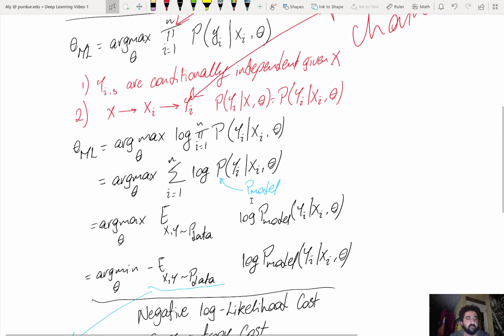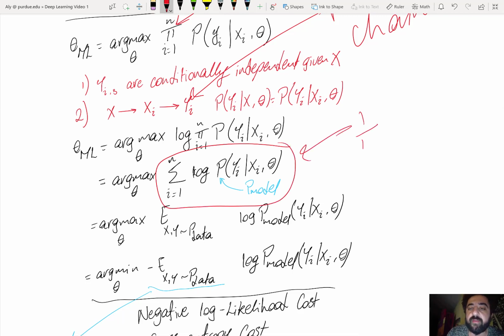Now if I take this quantity and multiply it by 1 over n, nothing happens to the argmax, right? The theta that maximizes the whole thing is still the theta that maximizes the whole thing multiplied by 1 over n.